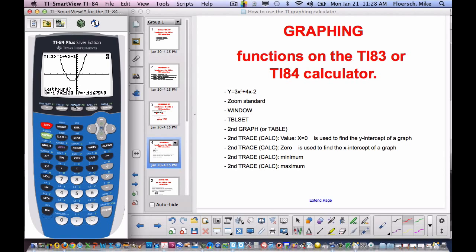I can just do second calc and find the minimum, which is number 3. So I hit number 3 or scroll down to number 3. Same thing. It asks left bound, so I'm going to scroll right a little bit. That's if I draw a vertical line through the lower point, the vertex, I hit enter because it's to the left side of that. Right bound, so I need to move the cursor to the right side.